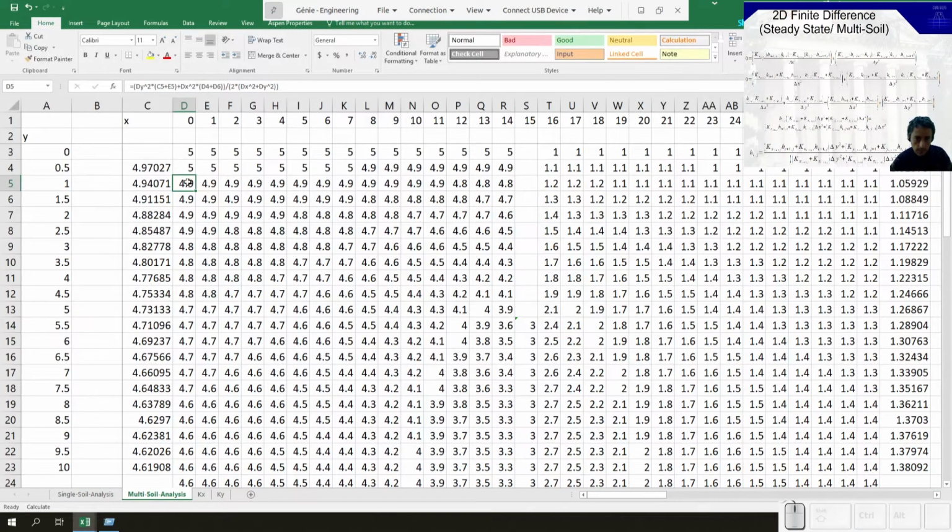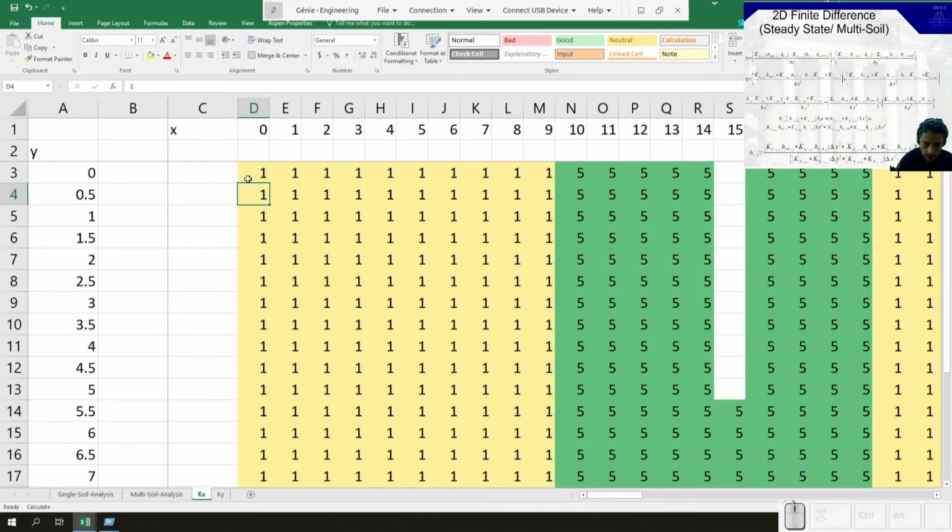Okay, so this one, we look at the previous material. Oh, in this case, actually, because we're looking at the kx's from the neighbors, that should be 4.